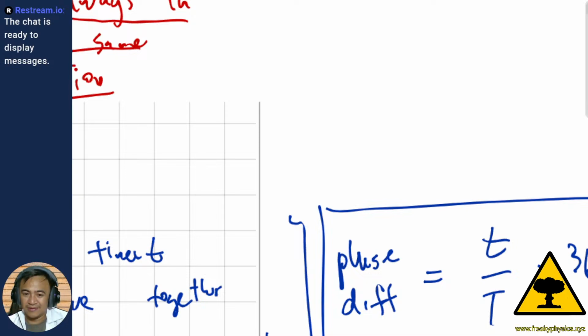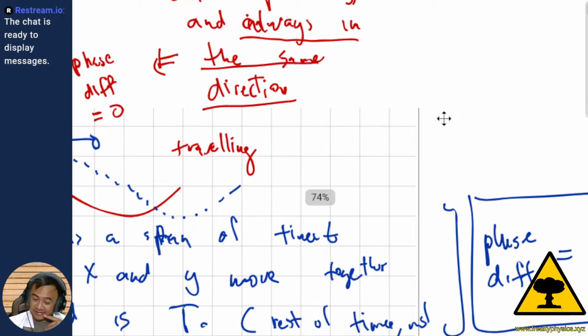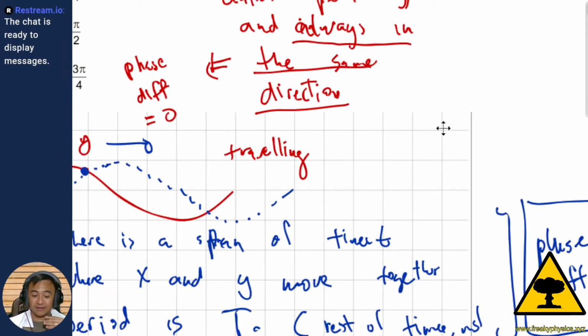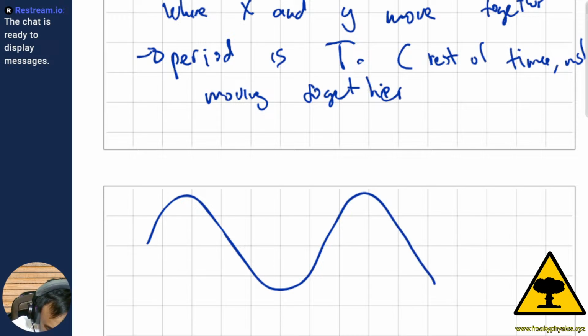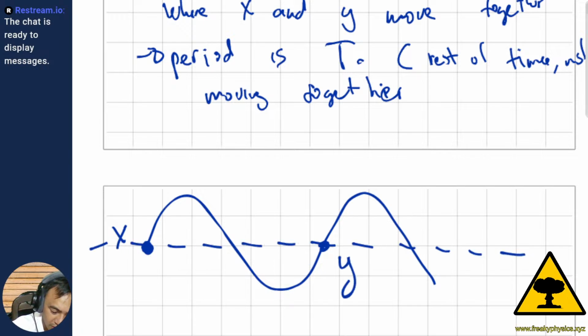But even though they're moving in unison, they're still in different positions. Yes, so that's the same phase difference. There will not be a phase difference even if they were in different positions. An example: let's draw that wave again. If that's my X and this is my Y, and that's the equilibrium position, these two are in different positions.